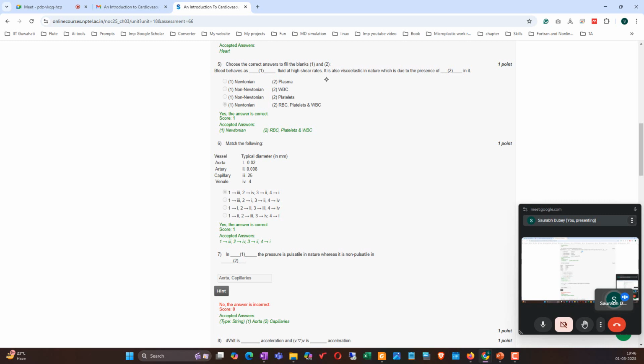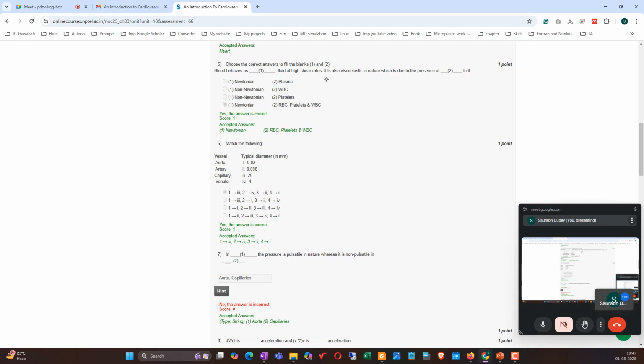If you see the answer here, plasma is Newtonian, and blood is also viscoelastic in nature, which is due to the presence of RBC and WBC. So about the blood, because of the plasma, at high stress it behaves as Newtonian. That is the important point for the blood, right? And one diagram was there, I will be discussing. I think I have taken one question on that, right?